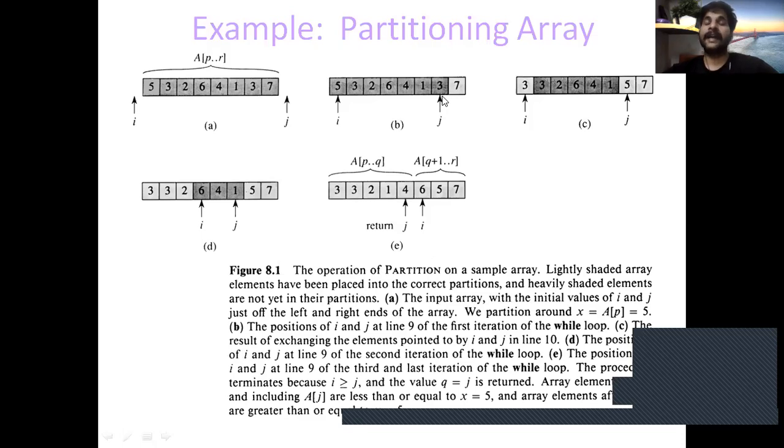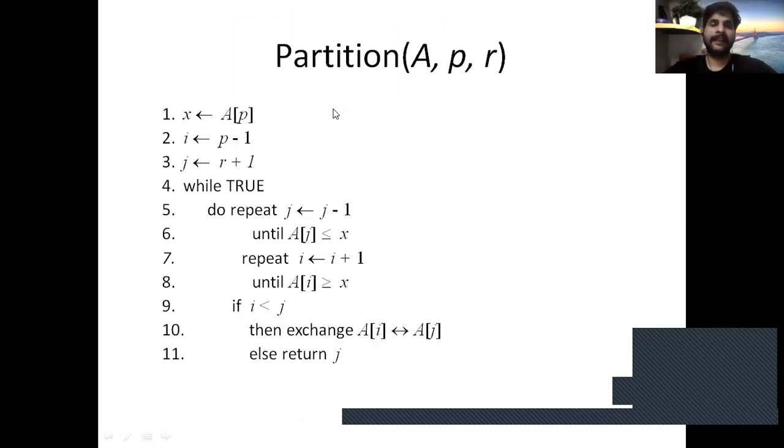Now, array of j less than or equal to x, where x value is 5, the condition is true, so j is stopped here. Now, check the condition for i. Array of i greater than or equal to x, condition is true, so i stops.